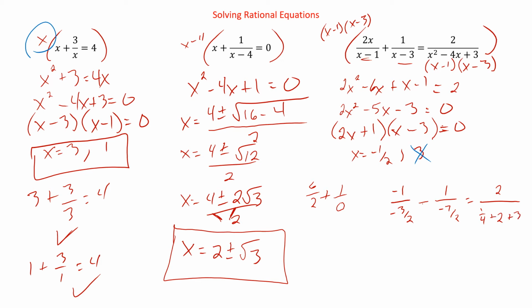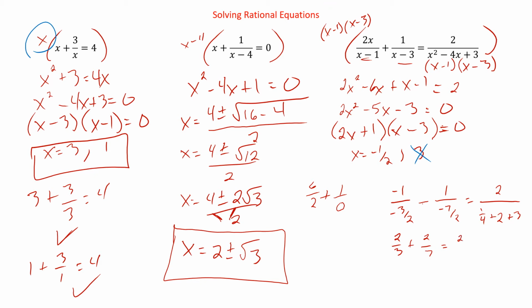So we can simplify our fractions. Remember, we can flip and multiply. Negative 1 over negative 3/2 is going to be 2/3. This will be plus 2/7 equals 2 over, so that's 5 and 1/4, so that'd be 21/4.